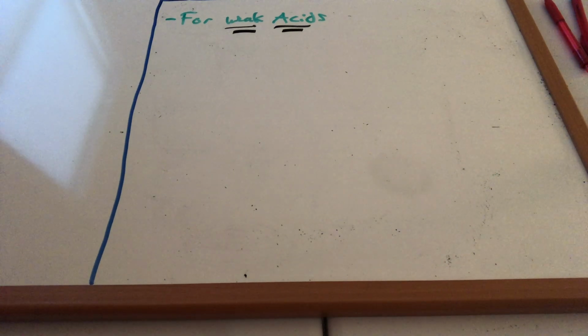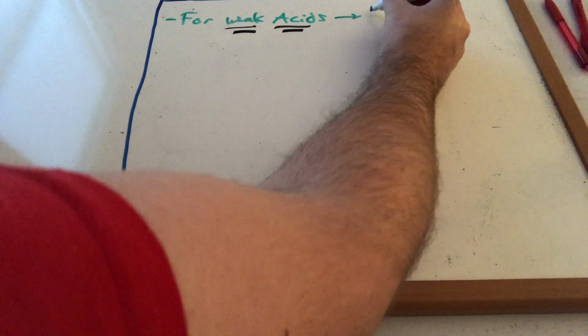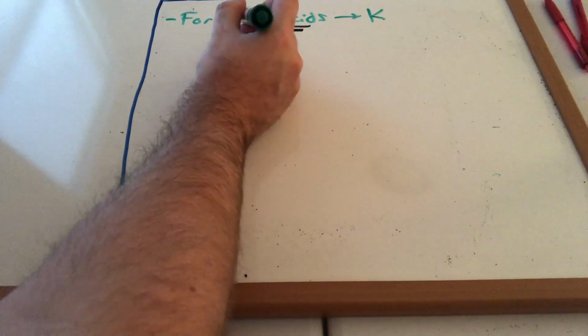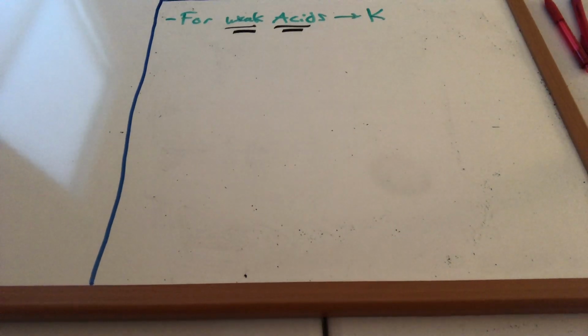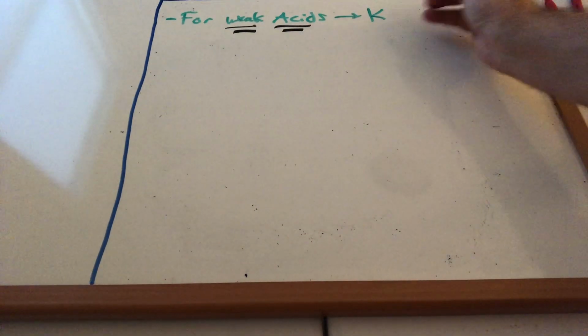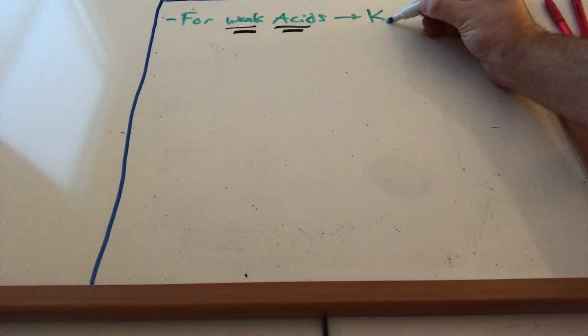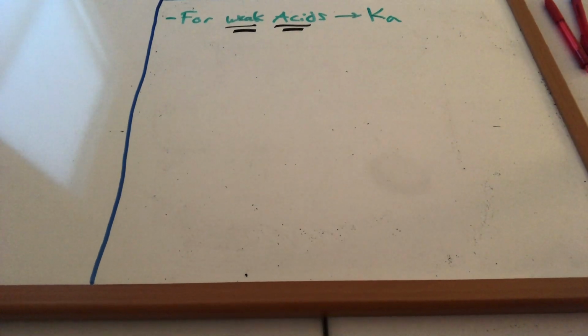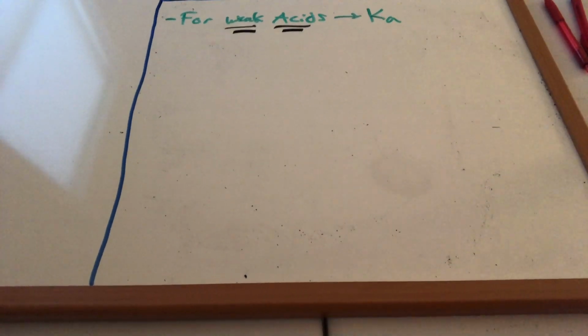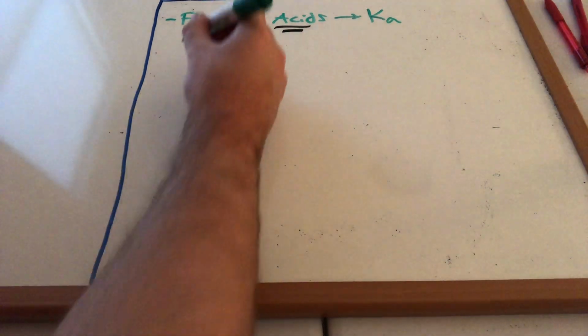For weak acids, you're going to be given a K. And remember, we are associating that word weak with an equilibrium problem. And we know that equilibrium problems require a K. We call these Ks Kas. What does the A stand for? Acid, right? So for weak acids, you'll see a Ka given in the problem, or you'll be able to look it up in a table.